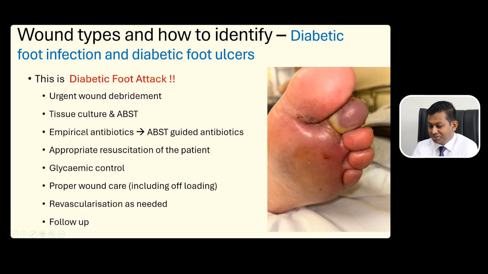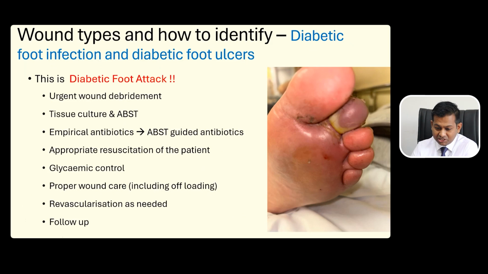But before doing everything, we need to start empirical antibiotics, and once the tissue cultures and ABSTs are available, we can change over the antibiotics, what we call antibiotic stewardship, a new term to some, but it should be a very routine word in the future.